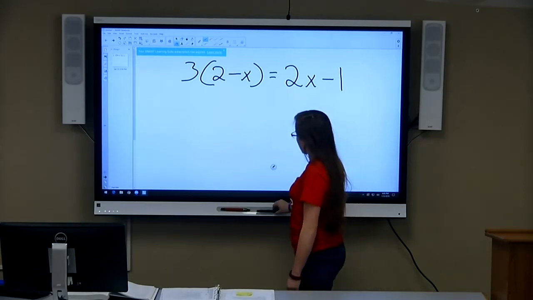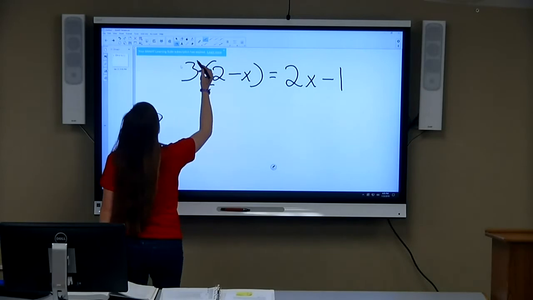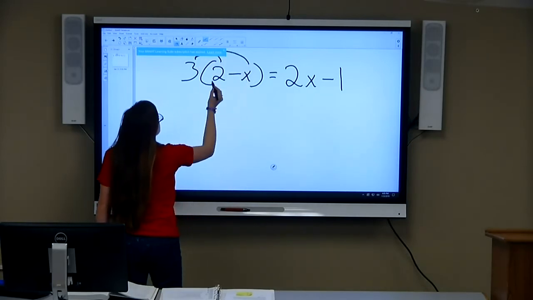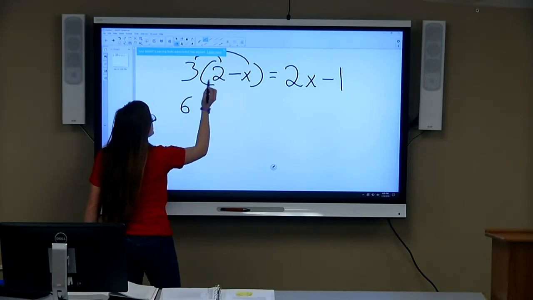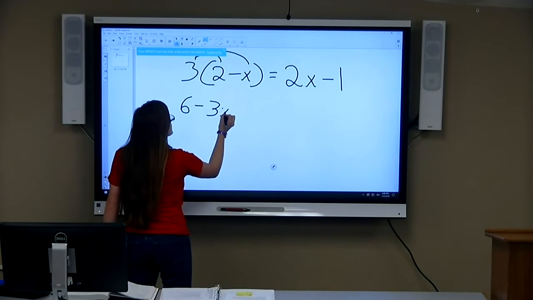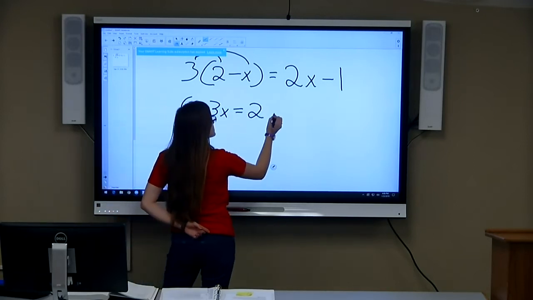So first, you have to get rid of the parentheses, which you'll do by using distributive property. You just multiply 3 to 2, which will give you 6, and 3 to -x, which is going to give you -3x. And the other side will stay the same, so you'll still have 2x minus 1.